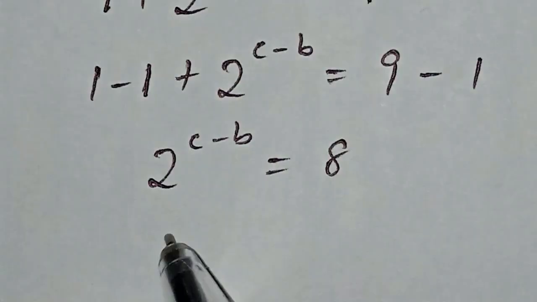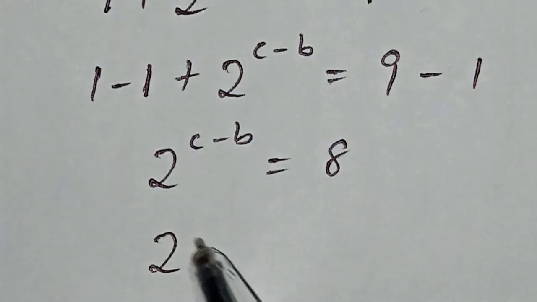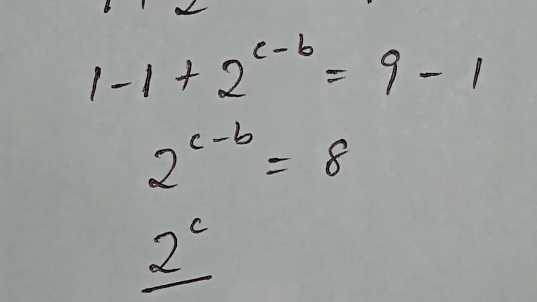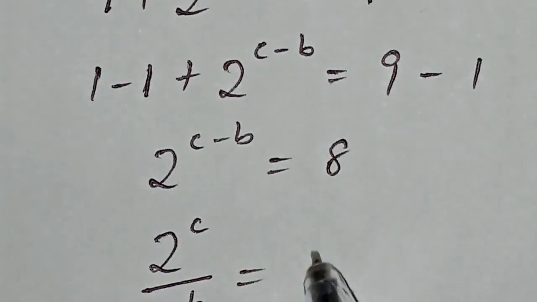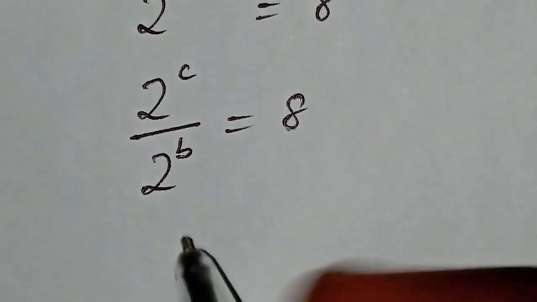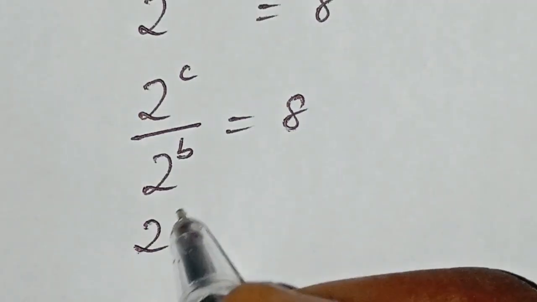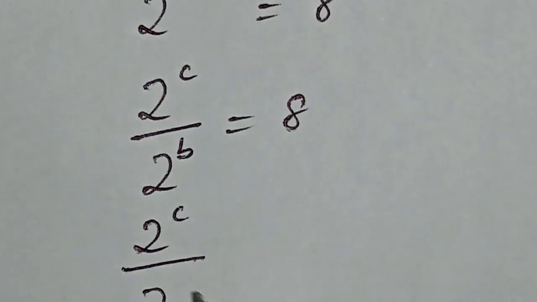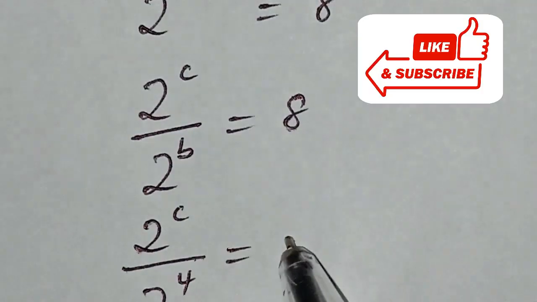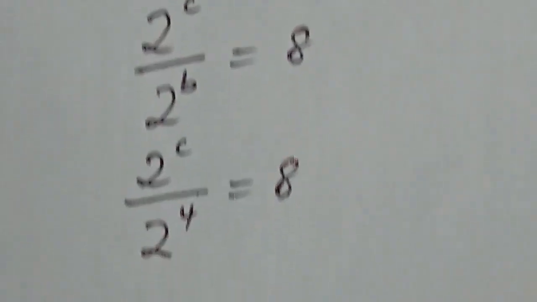So we have our expression to be 2 to the power of c over 2 to the power of b equal to 8. So our b equal to 4. We have 2 to the power of c over 2 to the power of 4 equal to 8.